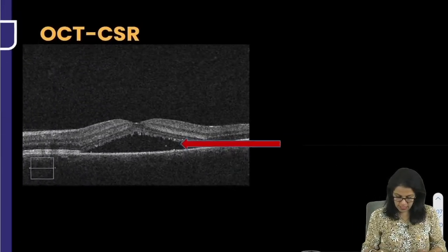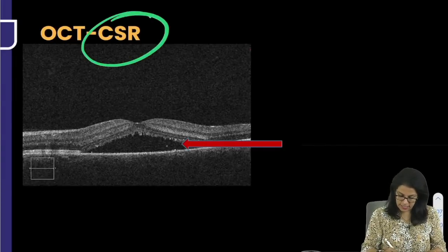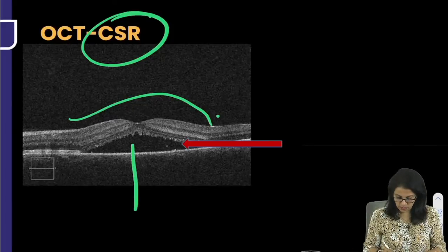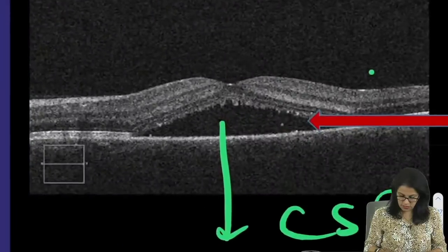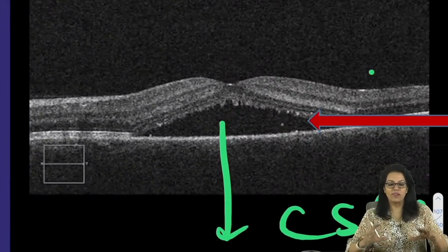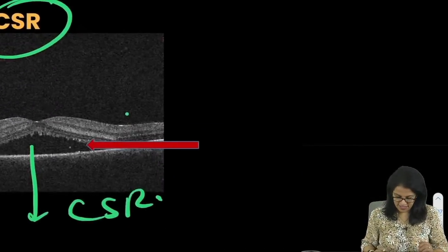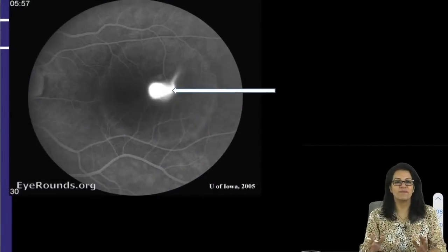This is an OCT which is showing you how the fluid is accumulated in the subretinal space in CSR. It is only at the central foveal area. So this is what CSR is. Got it? So this is the OCT finding. You can get an OCT finding in a colored manner also, or you may get it like this also. And this one I think everybody will remember.